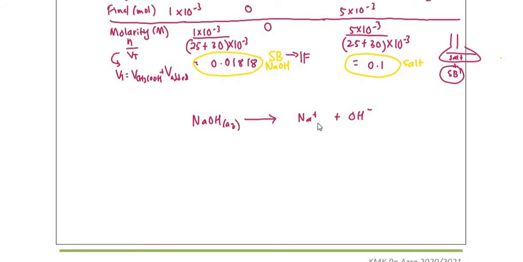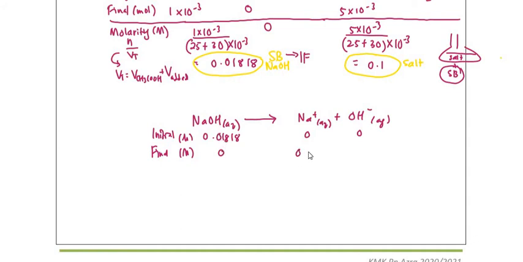All the phases are aqueous. Initial, final. The unit is molarity. The molarity of sodium hydroxide is 0.01818, the ions not produced yet. At the final, no more concentration of NaOH because it completely dissociates.